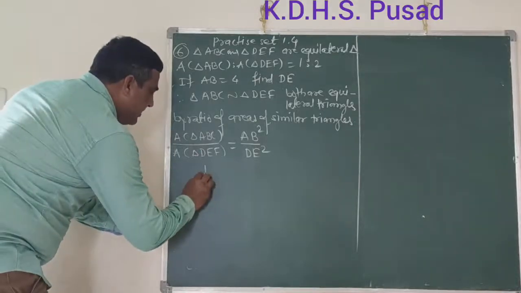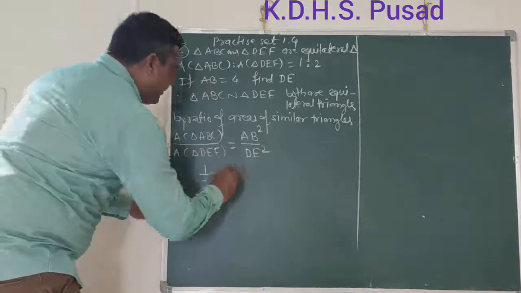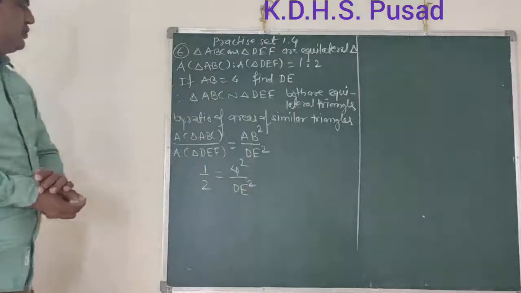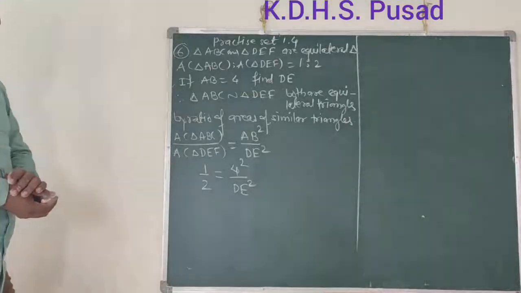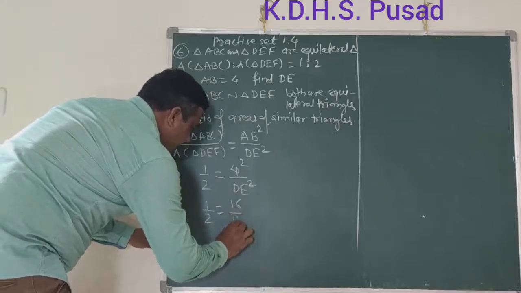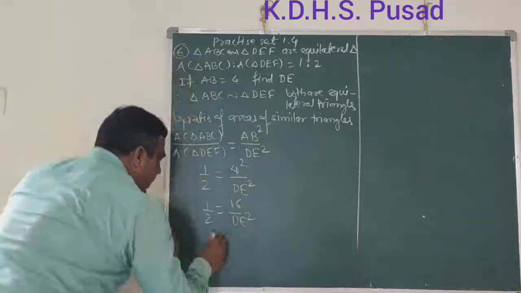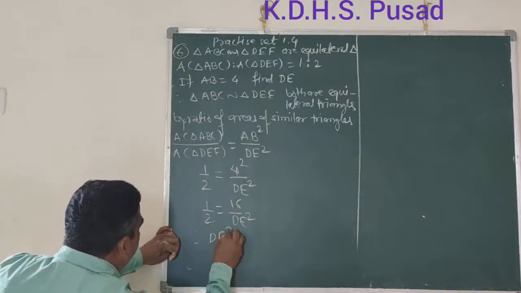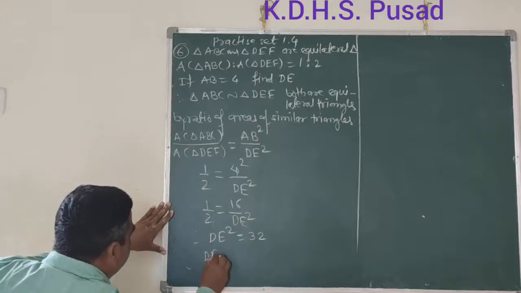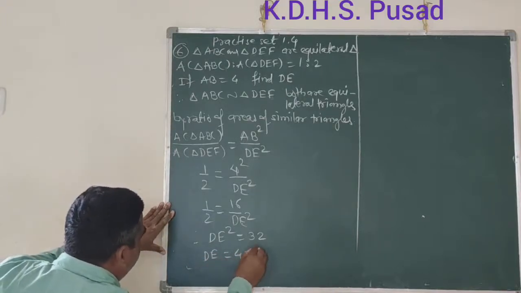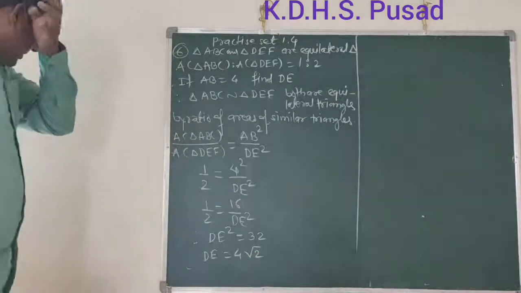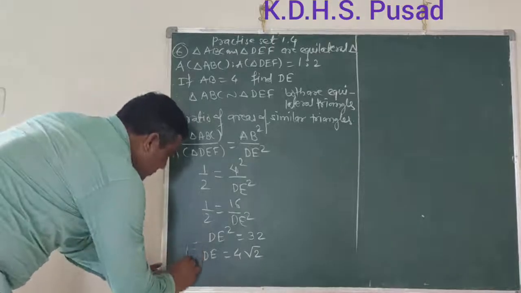So 1/2 equal to AB square, AB is 4, square by DE square. Performing cross multiplication, 1/2 equal to 16 by DE square. Therefore DE square is equal to 32. By taking square root, DE equal to 4√2. So in this way you have to find the value by taking square root. DE equal to 4√2.